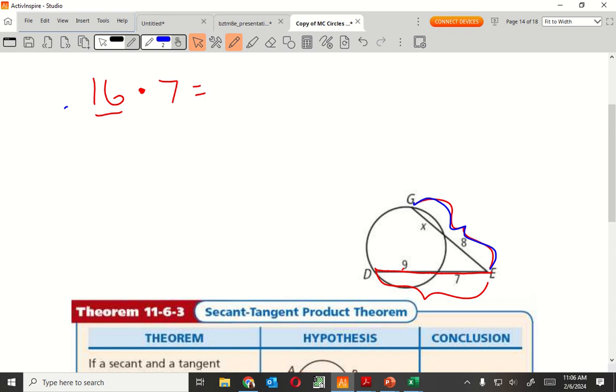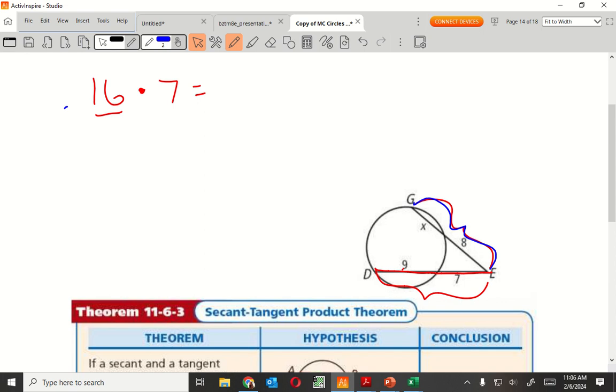16. To get 16 down here, you added that and that, right? So what do you think I'm going to do to get G to E? No, plus. You added down here, didn't we? We added to get DE. We're going to add the same thing on the top. Just because there's an X there, it's an unknown, doesn't mean I'm not going to do it the same way.